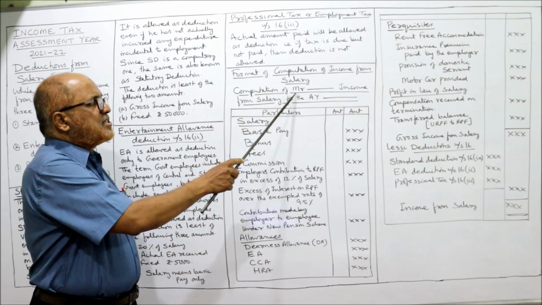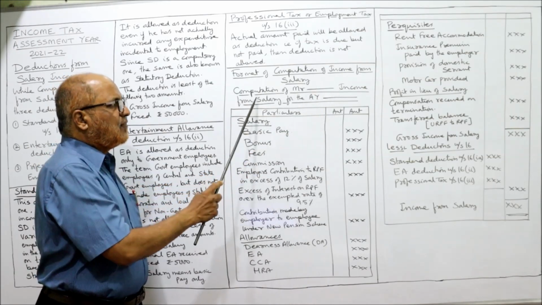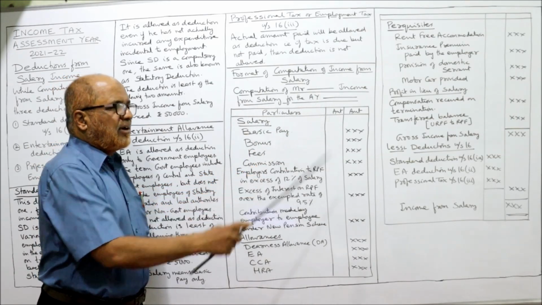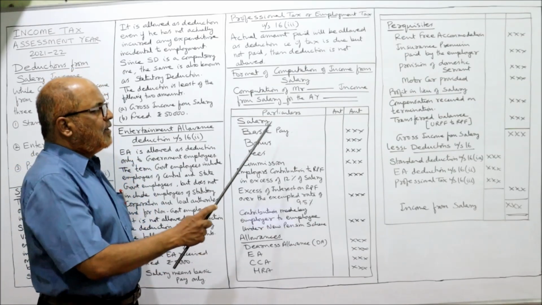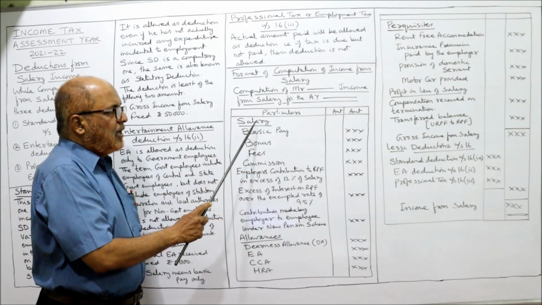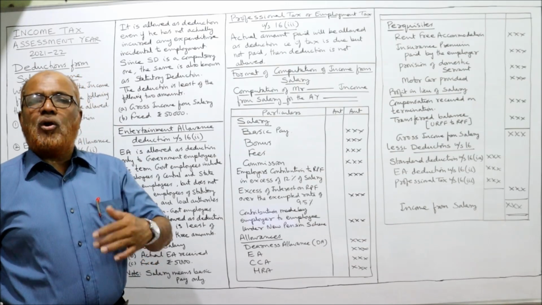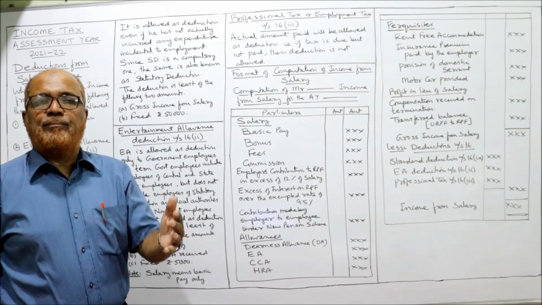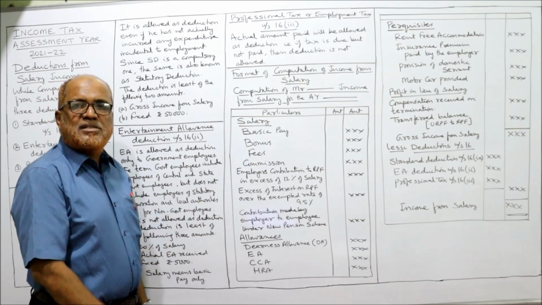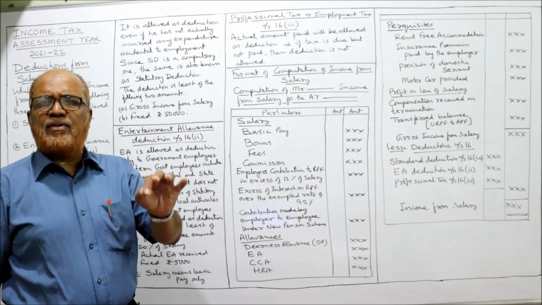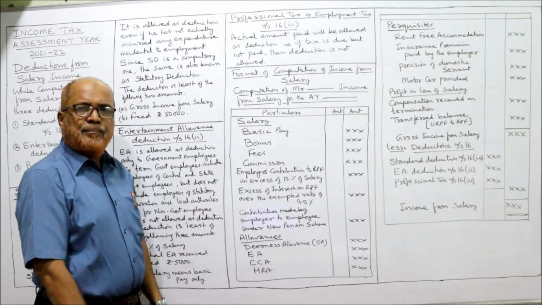So, computation of Mr. Dash, name of the assessee, income from salary for the assessment year. Our current assessment year is 2021-22. Particulars, amount, salary. Under the head salary, what are the normal items which may come? First of all, basic pay. Every assessee will have basic pay.